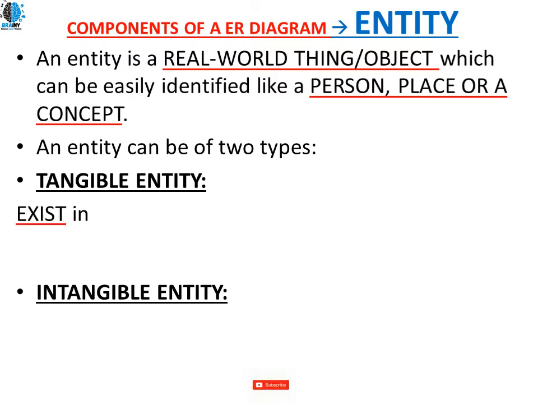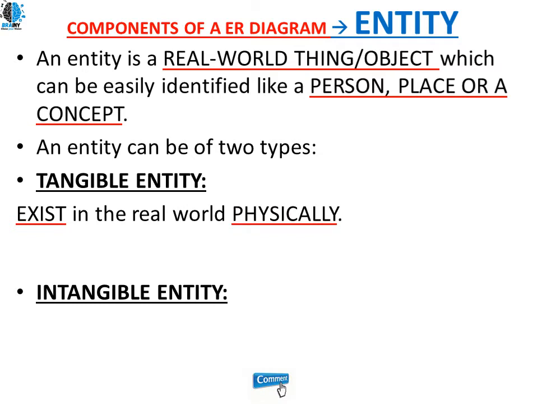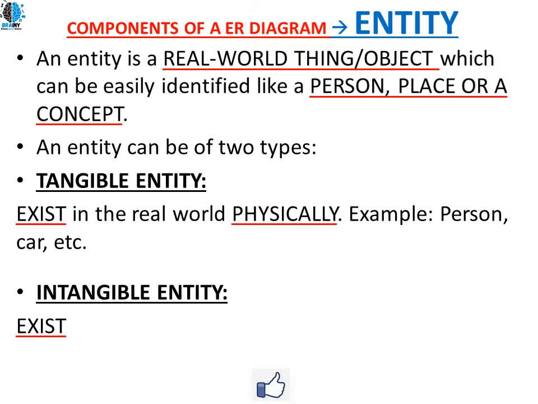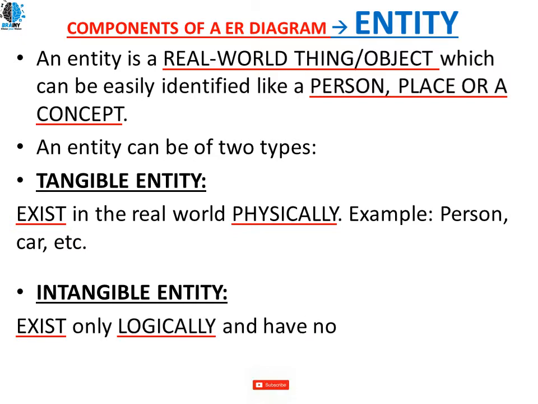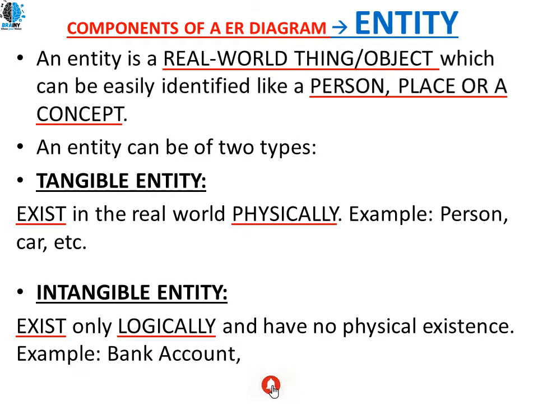Tangible entities exist in the real world physically. Examples: person, car, building, student, college, etc. Whereas intangible entities exist only logically and have no physical existence. An example is a bank account. You cannot touch the bank account. It's logical. So like this, we have two types.